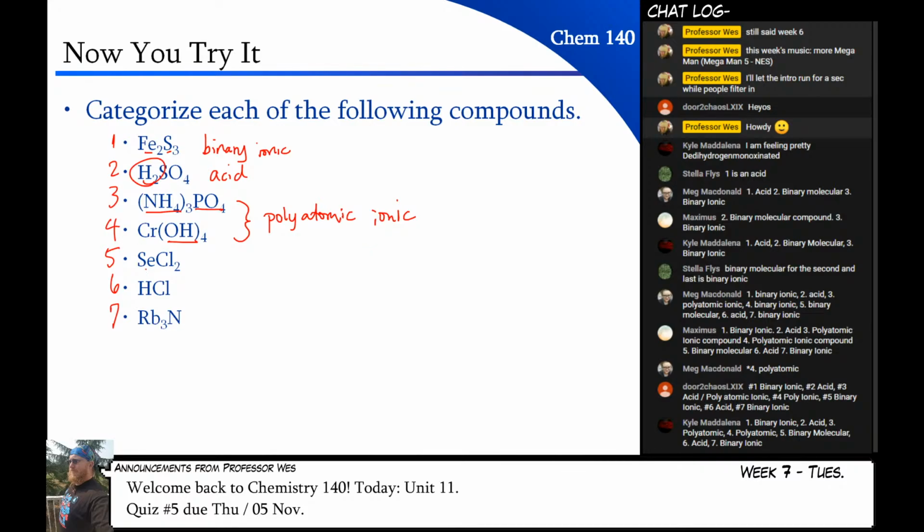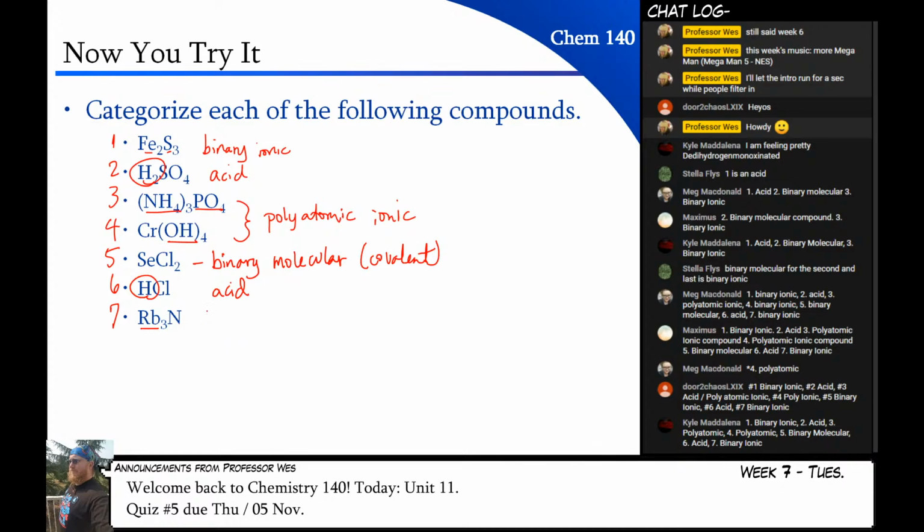Number 5, we got selenium, but selenium's a nonmetal. So that makes this binary molecular or covalent. Number 6, there's our H. That's an acid.